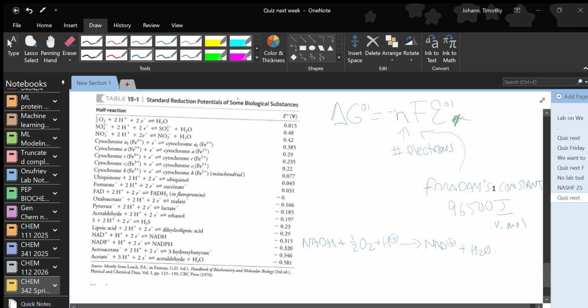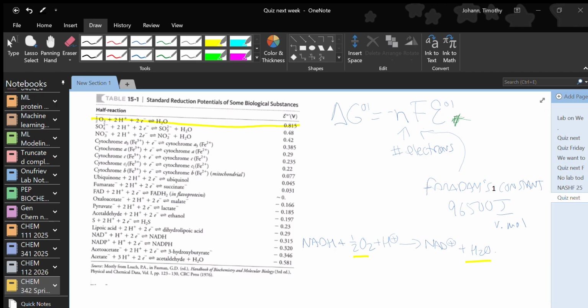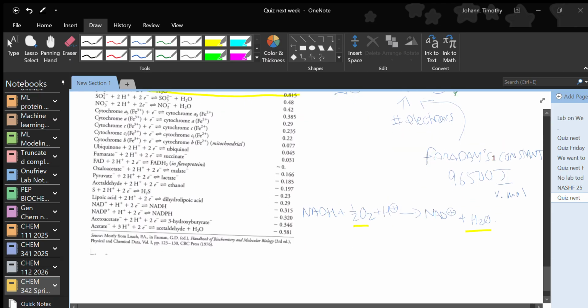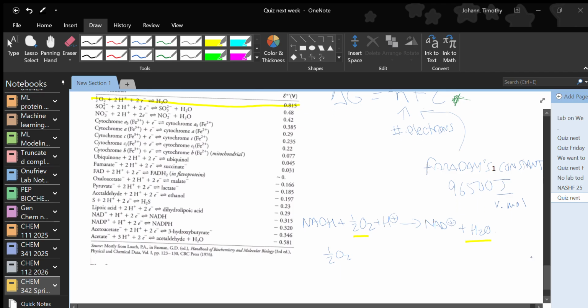But if we look for our reactions, then here we have this one, right? Is it written in the same direction? Yeah, it is, right? Oxygen going to water. All right, so if we think about this reaction being the sum of the half reactions we see over on the left, we have 1/2 oxygen. We'll go ahead and put the electrons in.